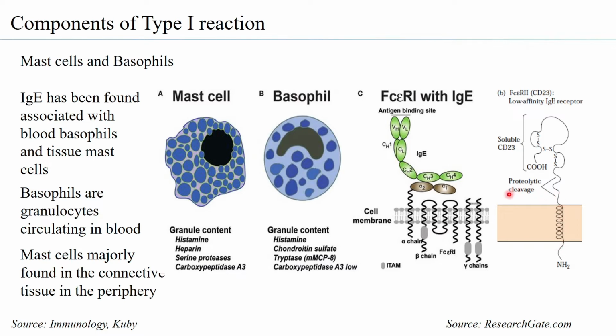And what is interesting to note is that there are 2 points at which there can be cleavage releasing this portion, and this portion is what is called soluble CD23. You cannot observe the same with the Fc epsilon R1. So these are characteristics of the receptors that can bind to IgE, and these receptors can be found on mast cells and basophils. So now we look at how the IgE mediates the heightened inflammatory response.